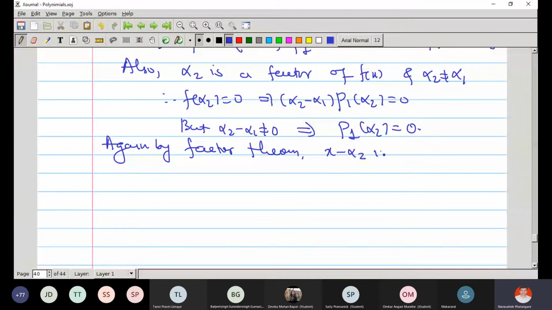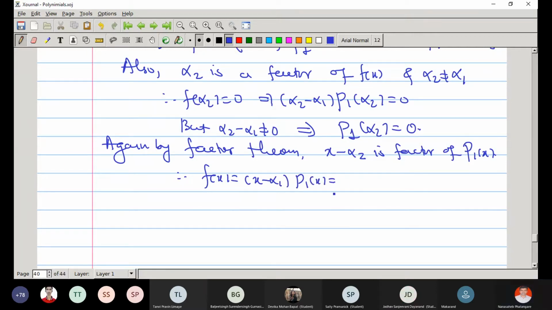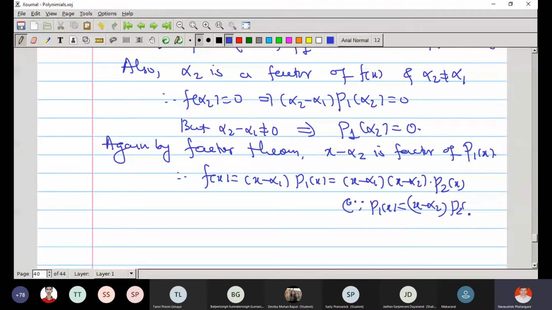Therefore, f(x) is (x minus alpha 1) into p1(x), but p1(x) is now (x minus alpha 2) into some p2(x), since x minus alpha 2 is a factor of p1(x). Right? Continue for alpha 3.